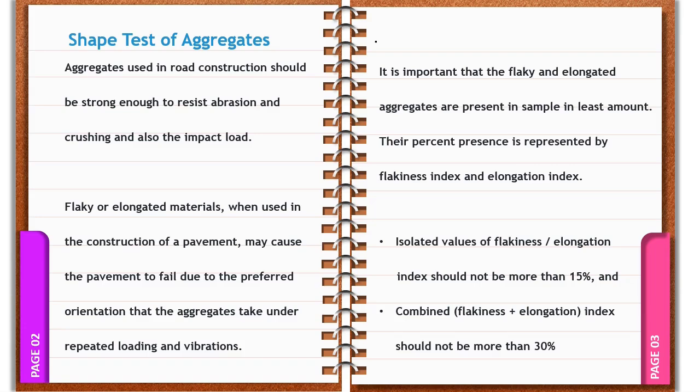Individual values of either flakiness index or elongation index should not be more than 15%, whereas combined, that is the sum of flakiness and elongation index, should not be more than 30%. Then only such aggregates can be utilized for road construction.